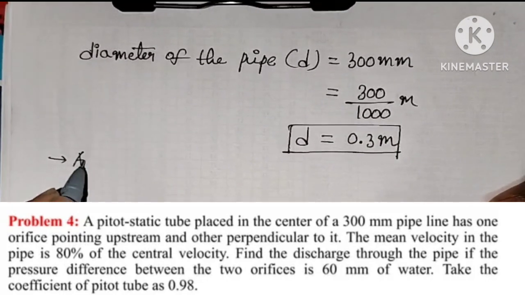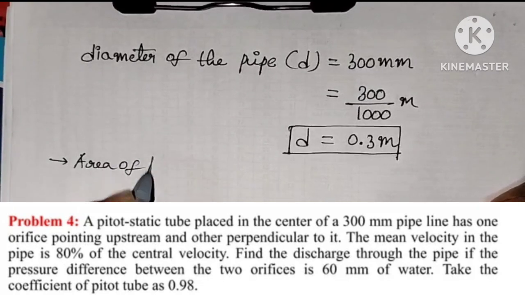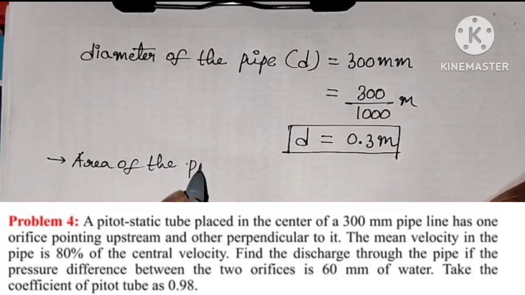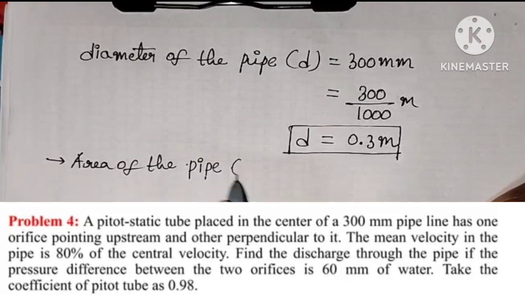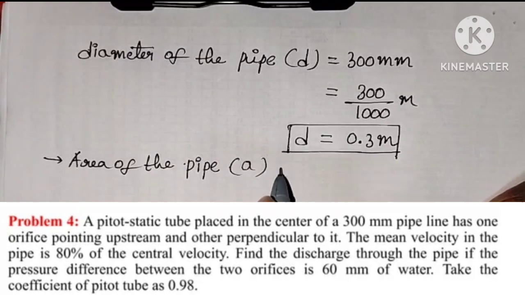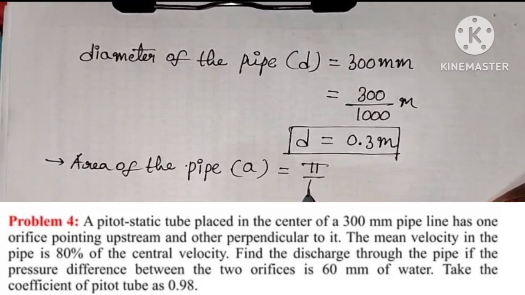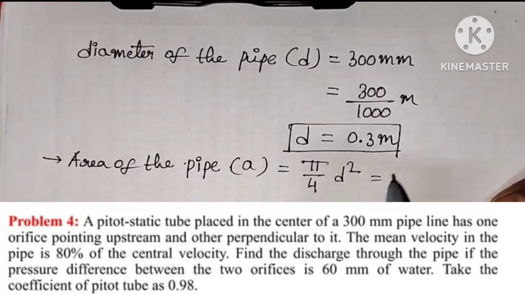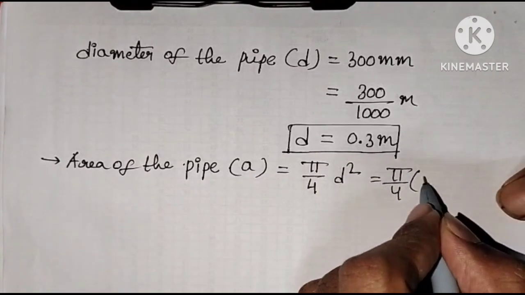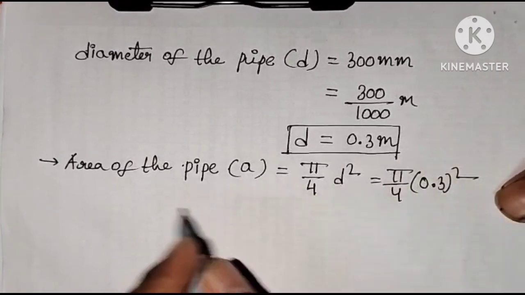Now let us find the area of the pipe. Area of the pipe, a, is equal to pi by 4 into d square. So pi by 4 into 0.3 whole square.